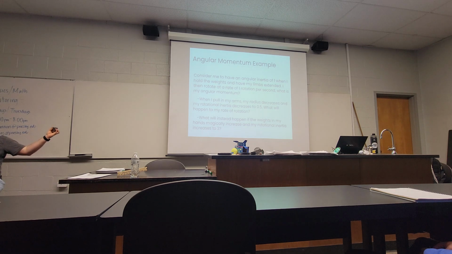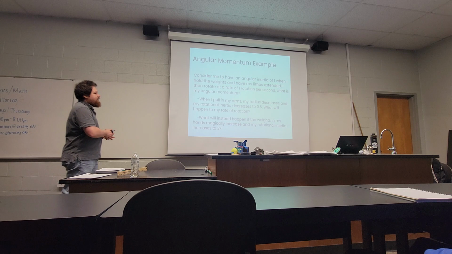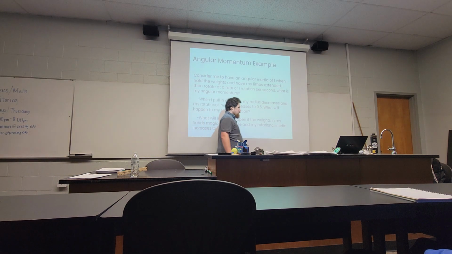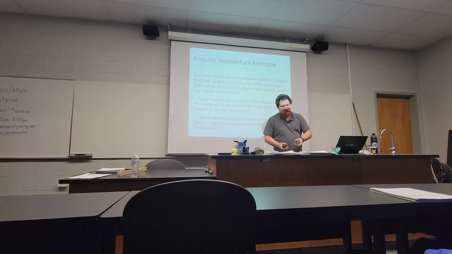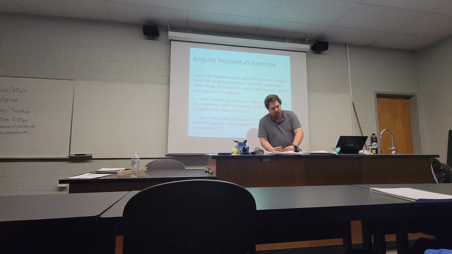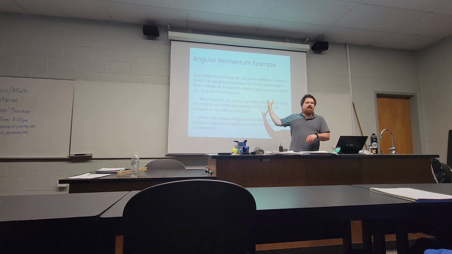So, if somehow my moment of inertia magically increases to 3 instead of 1, what will happen to my rate of rotation? Go down. Very good. The angular momentum has to be conserved. And if somehow my moment of inertia became 3 instead of 1, what number would the 1 rotation per second become?